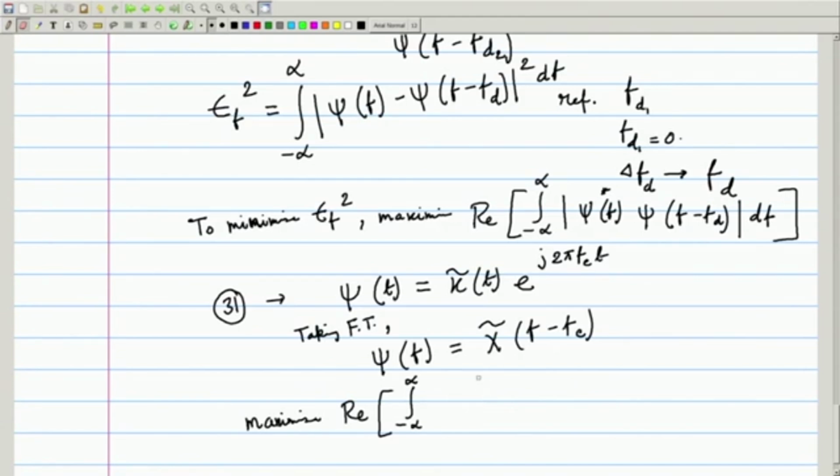So, maximize x star f minus f c, then x of f minus f c minus f d, then d f.